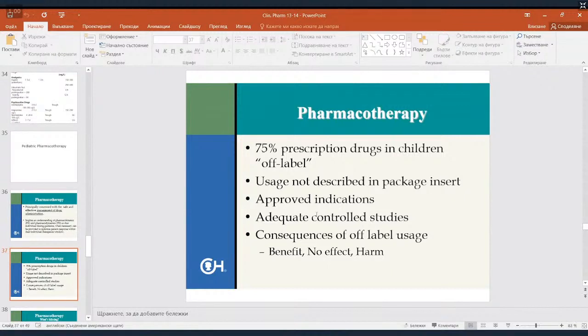And as you know, we need clinical trials in order to get approval for a drug to be used in a specific population. And for children, it's very hard for obvious reasons. And this is one of the main reasons why most drugs are off-label. Off-label does not mean incorrectly. It just means that there is no official approval by the FDA, EMA, or the national agency for this drug to be used safely in children.